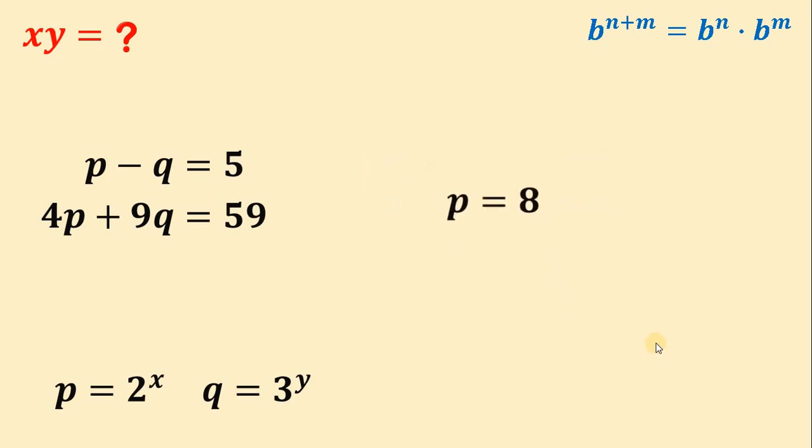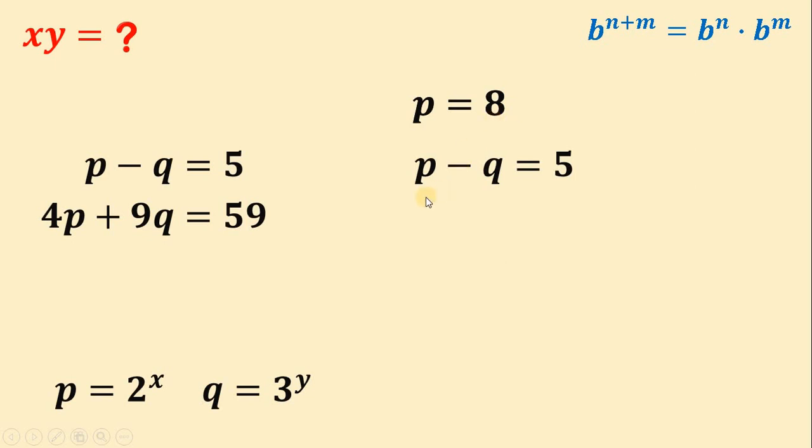Now, how about the value of q? We can choose from these two equations, but the easiest equation, of course, is the first equation. Now, since we know the value of p must be 8, let's replace p by 8. Now, let's solve for the value of q. Let's subtract 8 on both sides. 5 minus 8 is simply negative 3.